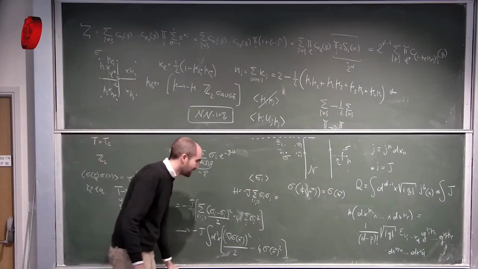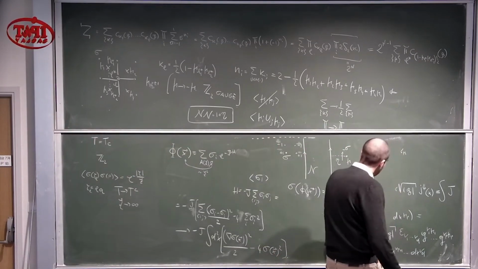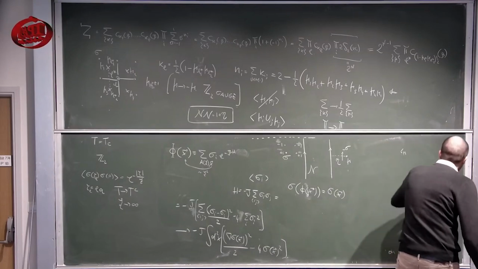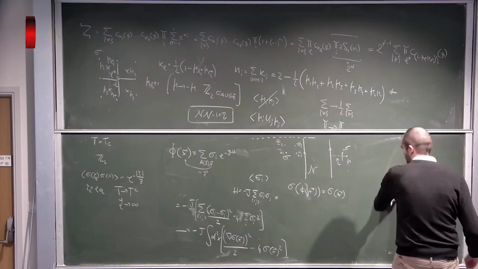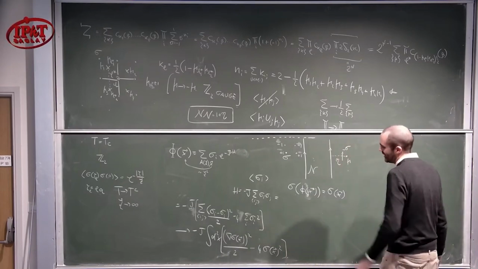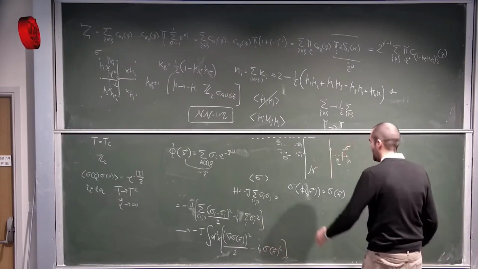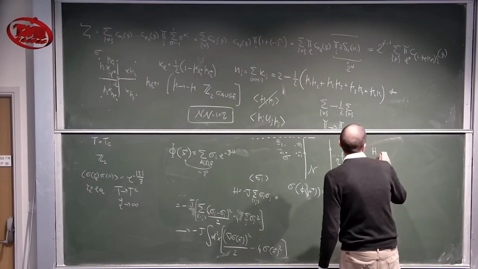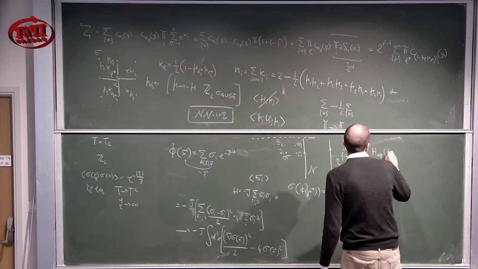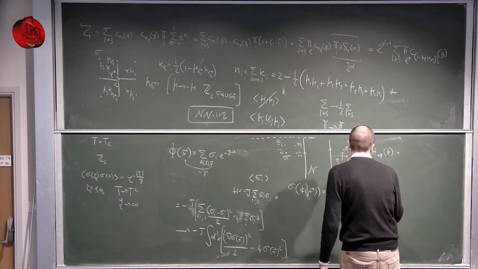So in practice, I can just plug this unknown function of phi back into my continuum Hamiltonian, expand the sigma squared term, and I'm going to get some effective Hamiltonian for phi that looks like this.